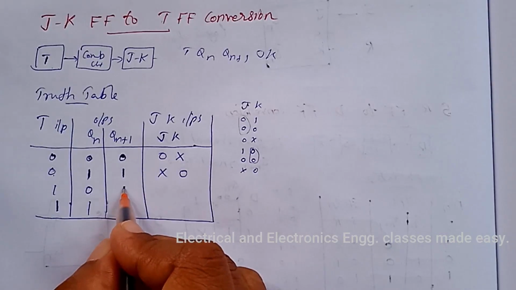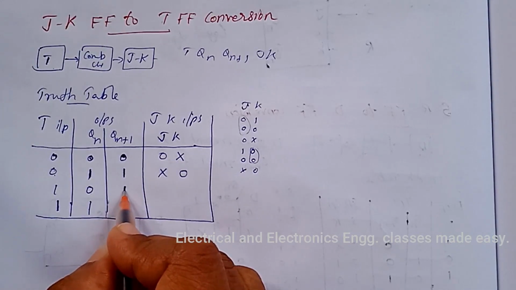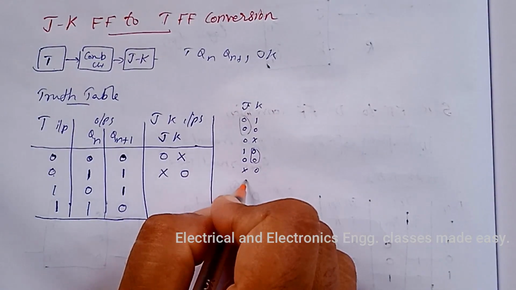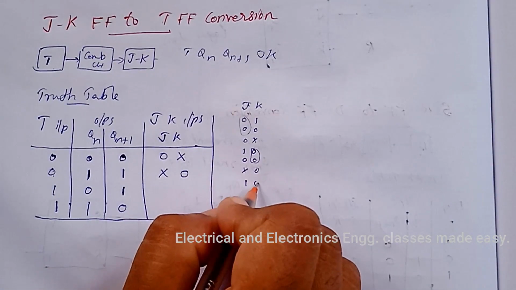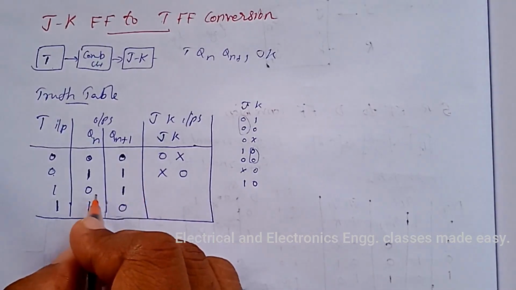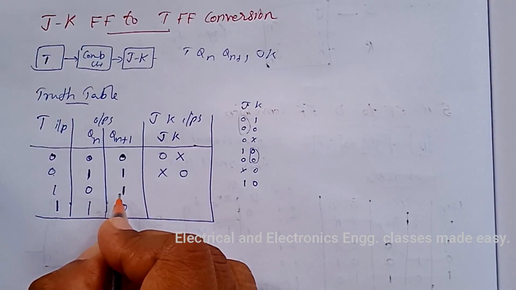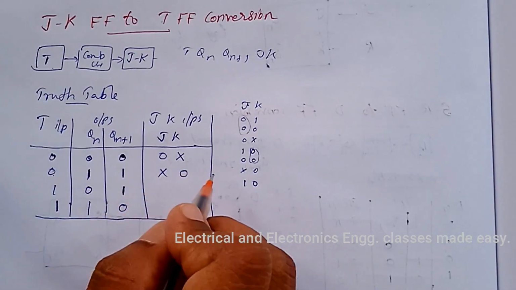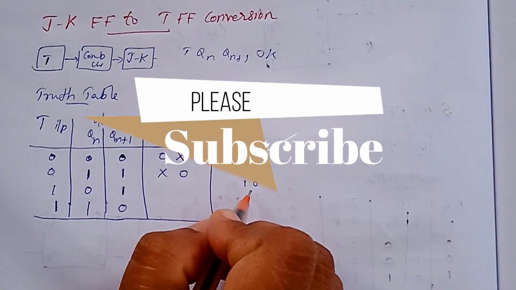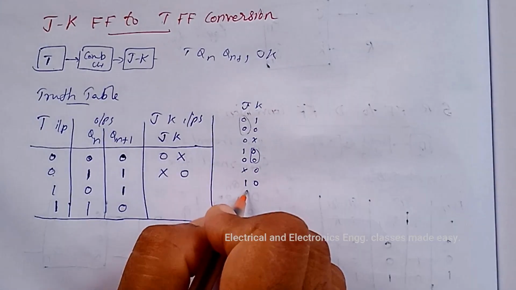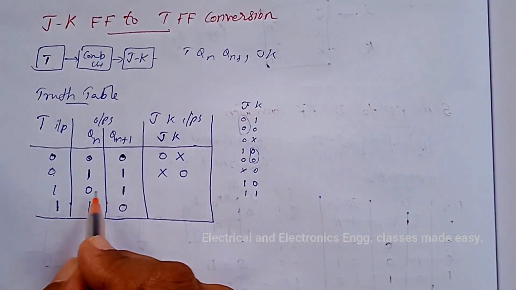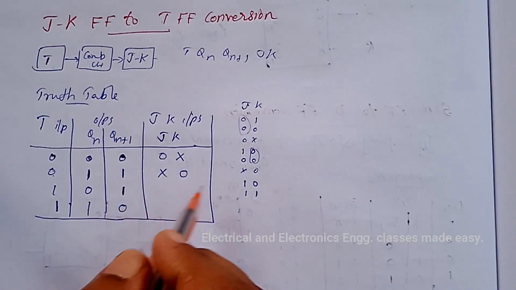And next is 1, the output to be obtained is 1. To obtain 1, the JK inputs are 1 and 0 and this is changing. So in changing condition, the changing condition in JK is toggling condition, that is while applying 1 1 inputs to JK, the output toggles.